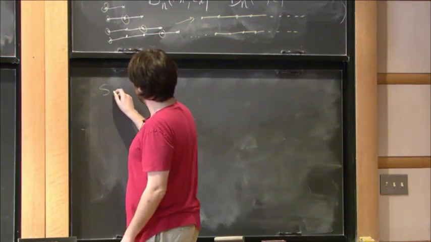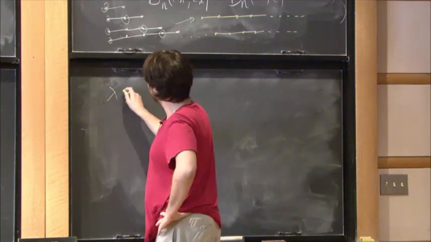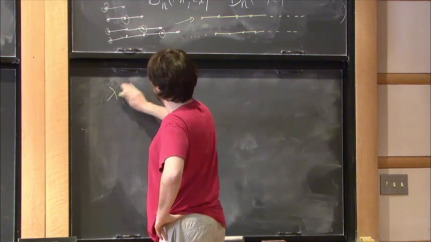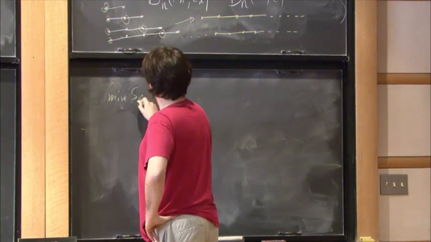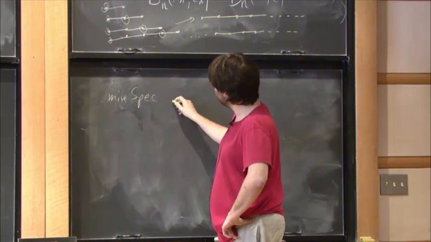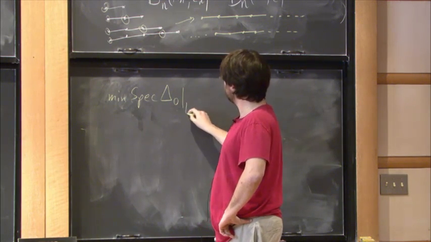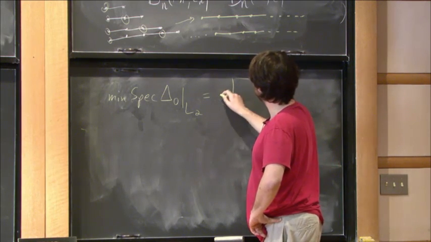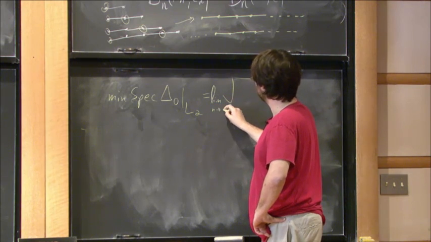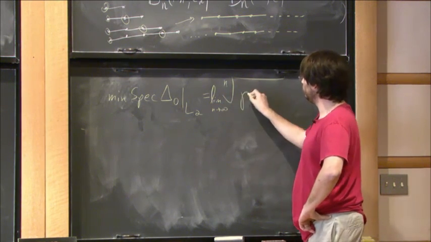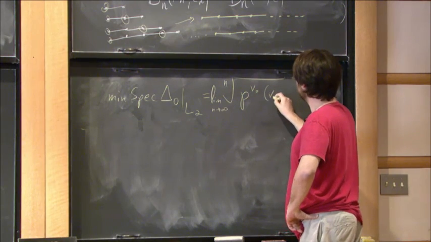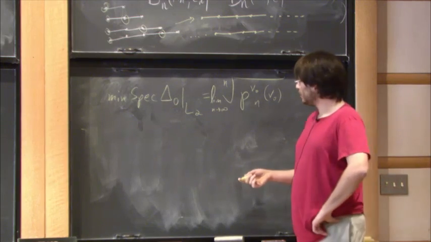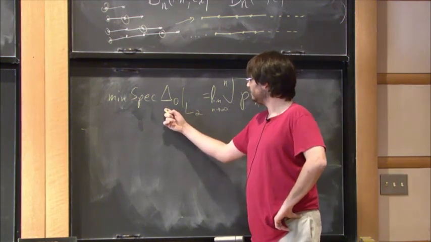So for graphs, if I have an infinite graph and I look at lambda, the minimal spectrum of the operator on L2 functions, this is the limit of the probability to return to my starting point after n steps.